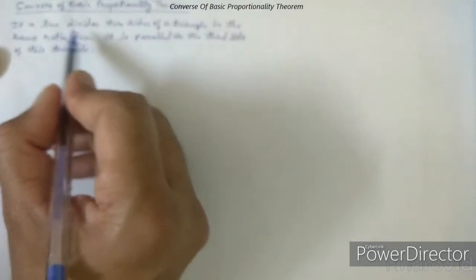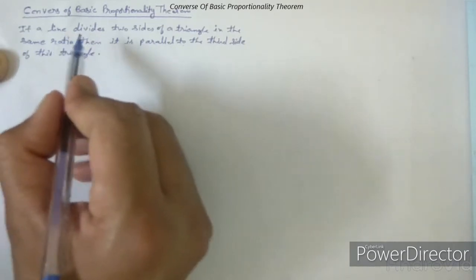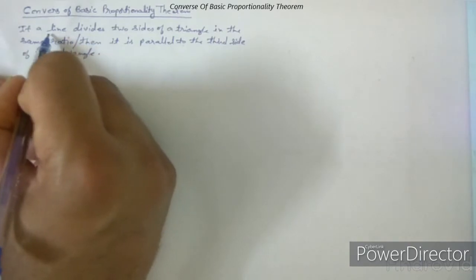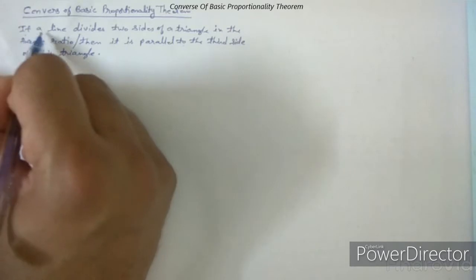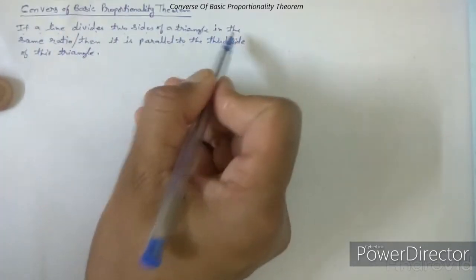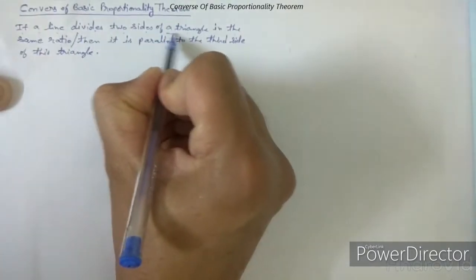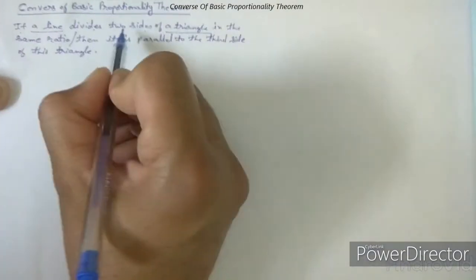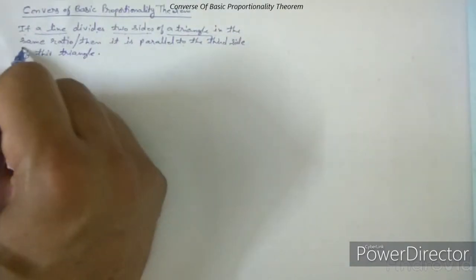Let us see what is written in the given part. Here it is written, if a line divides two sides of a triangle in the same ratio, it means we are given a triangle and a line which divides its two sides in the same ratio.